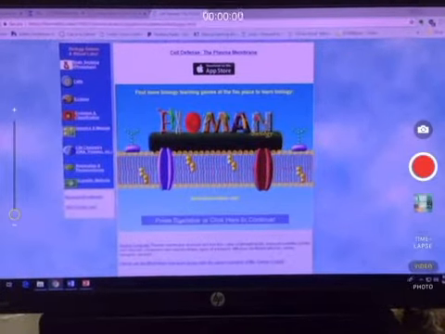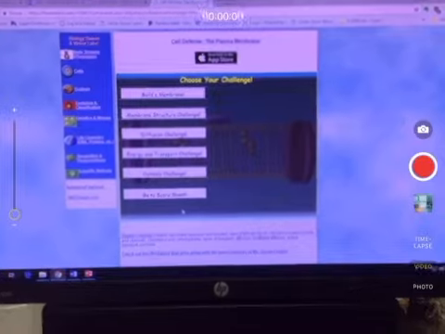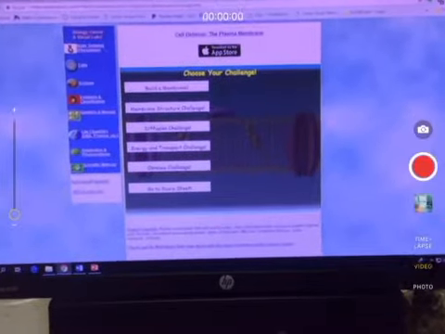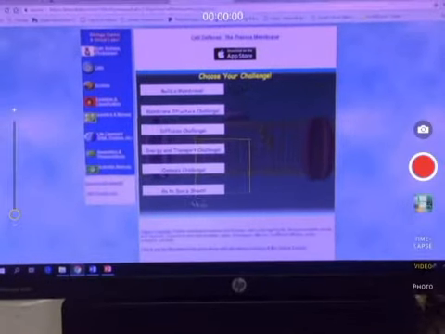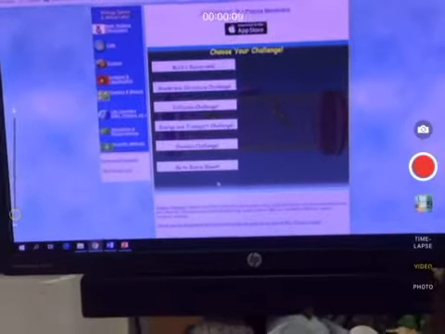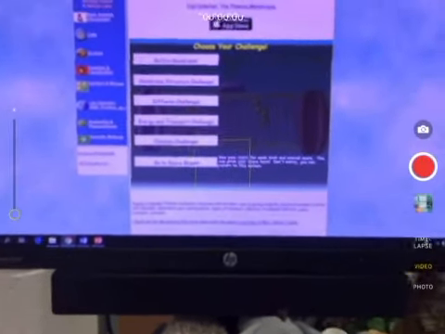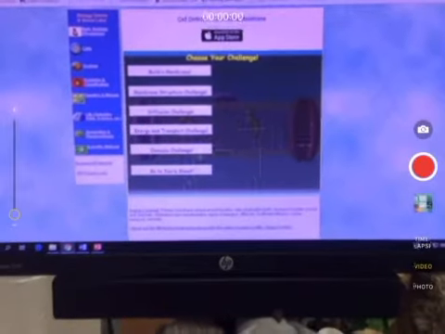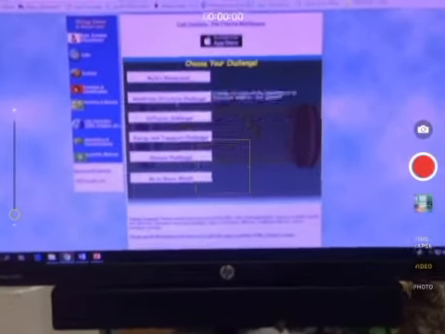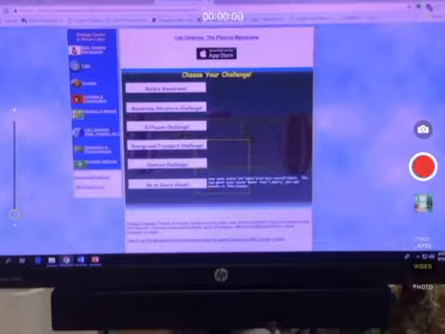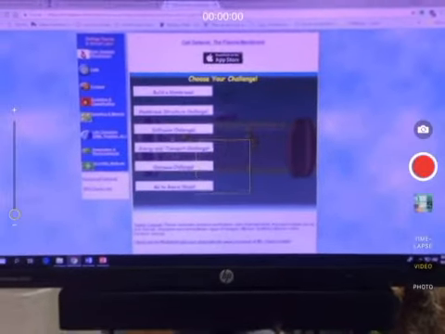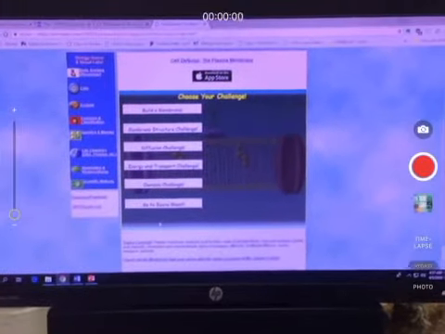So you just click on Start a New Game, press the space bar, click to continue. And I just want to show you there's a lot of different tools here that are going to be really great resources for you as you're working through this chapter and learning about the cell membrane. You can come back to this Canvas page anytime and go through any of these other links that you have.